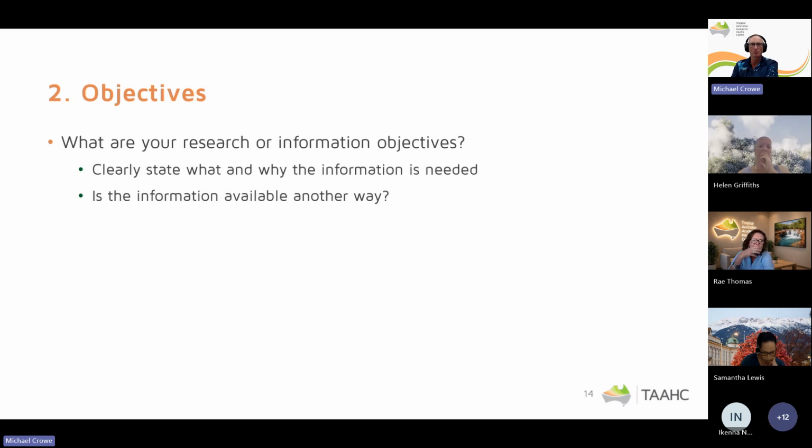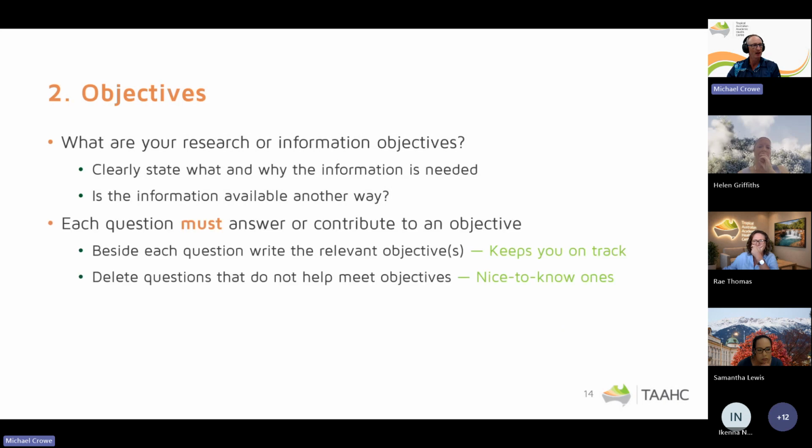If it's available through something like patient records or the Australian Bureau of Statistics or the Australian Institute of Health and Welfare, whoever they are, can't think of their name, someone will tell me. If the information is already available through them, then why are you doing yet another questionnaire? So you do have to have that as a reasoning behind it.